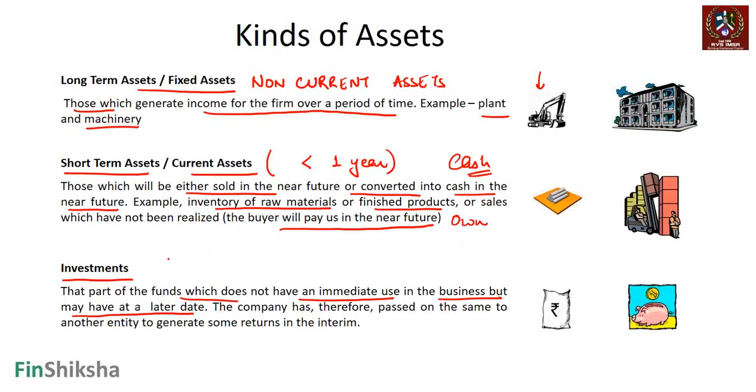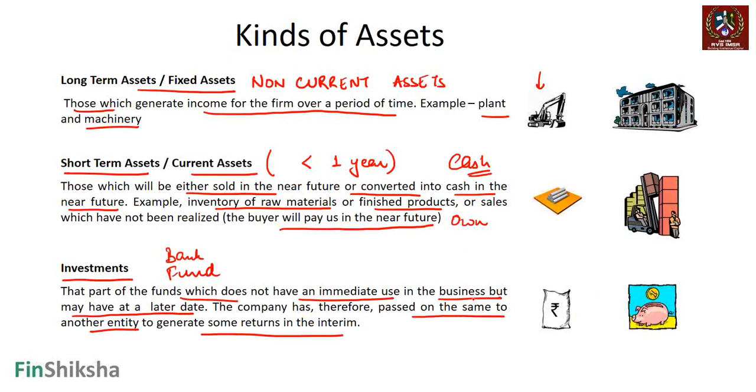You could have investments in, let's say, some sort of a bank. You could put in bank deposits, although that is typically treated as cash. You could also give it to some sort of a fund to manage that money, right? The company has therefore passed on the same money to another entity to generate some returns in the interim. Bank is one example.